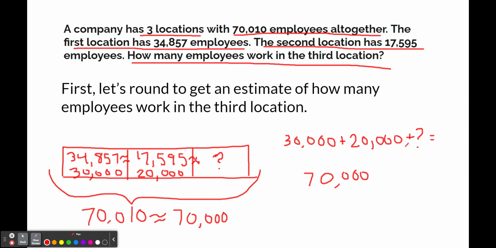So 30,000 plus 20,000 is equal to 50,000. 50,000 plus some amount is going to be 70,000. In order to get from 50,000 to 70,000, I need to add 20,000, or 2 more 10,000s. So the third location has about 20,000 employees.